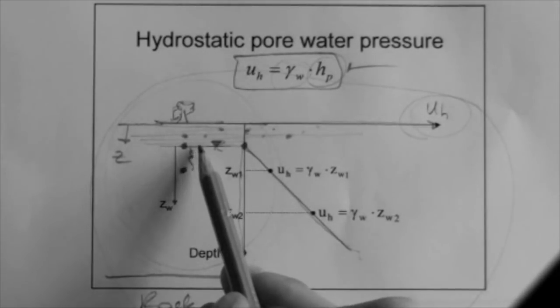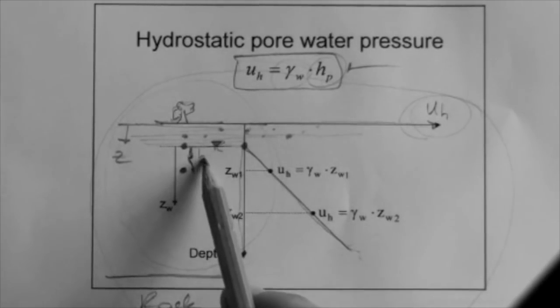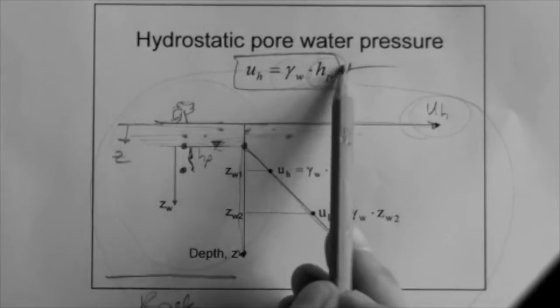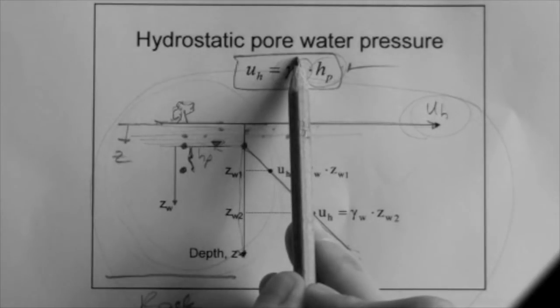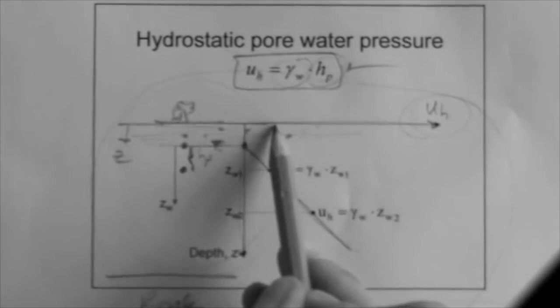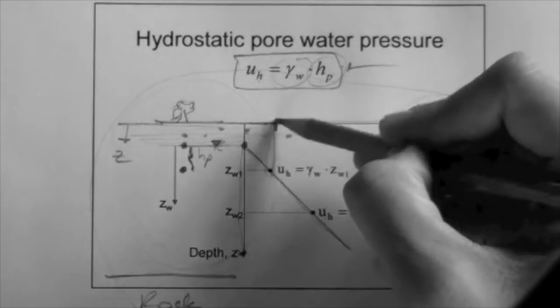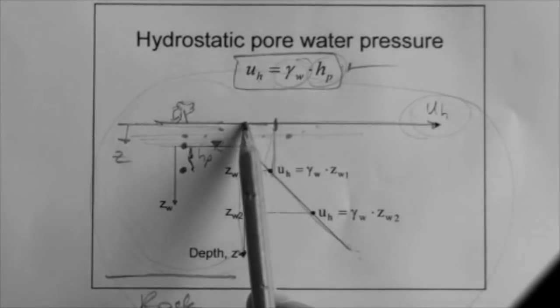But what matters is the distance from this point to the water table, and that is the pressure head. The pressure head times gamma water, which is 9.81, is equal to the pore pressure. And that is this value. So you can see the plot.